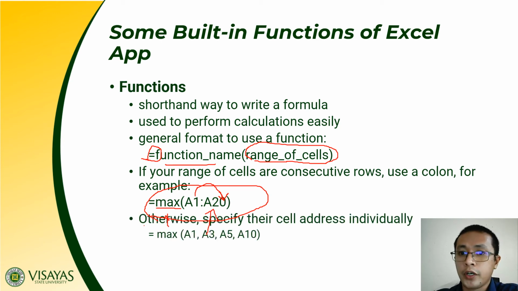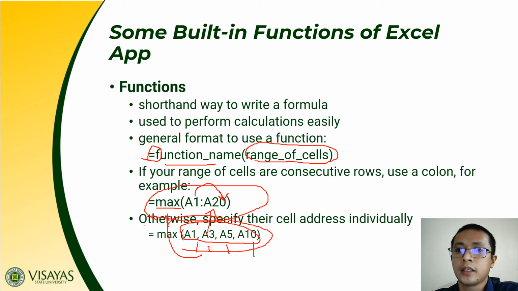That's the work of your MAX function. But then, if your data is not consecutive, then you need to specify every cell address where the MAX function is to be applied, like A1, A3, A5, and A10. So whatever cells you specify here will only be the cells included to evaluate the formula.